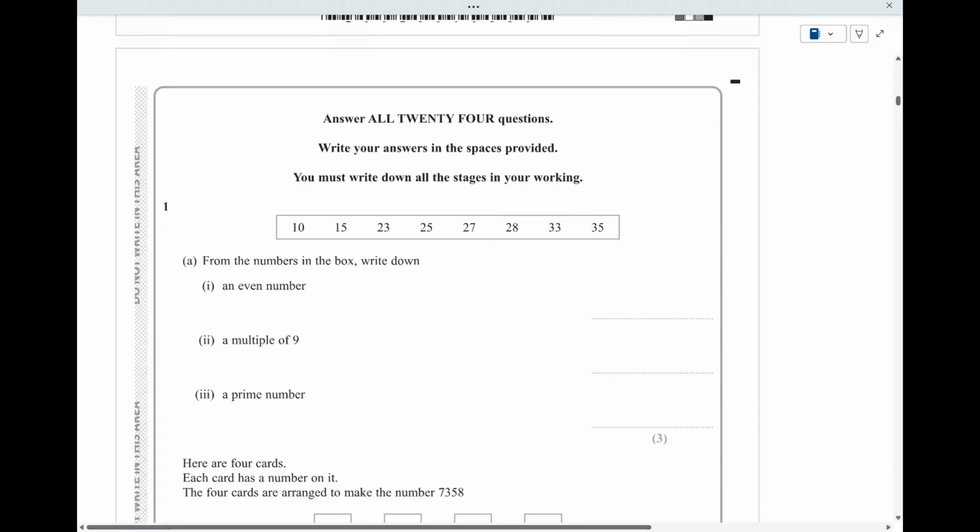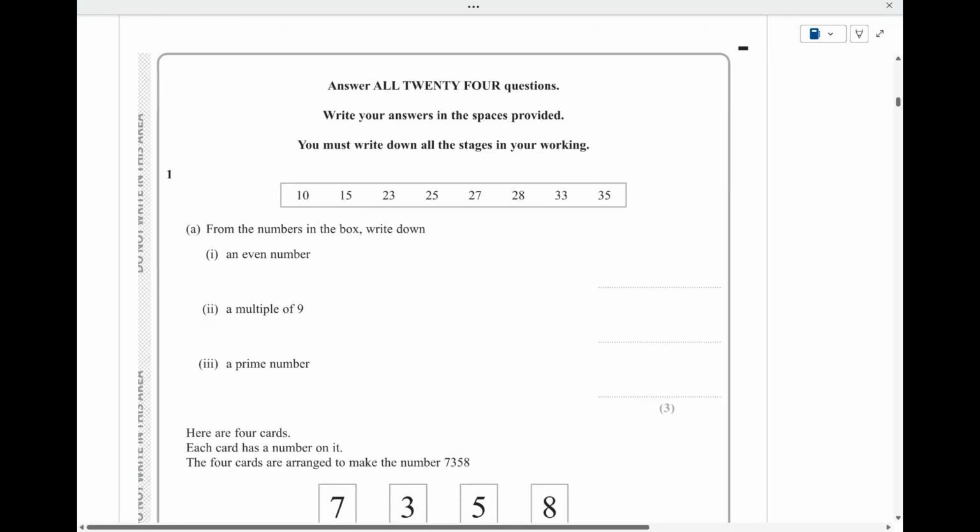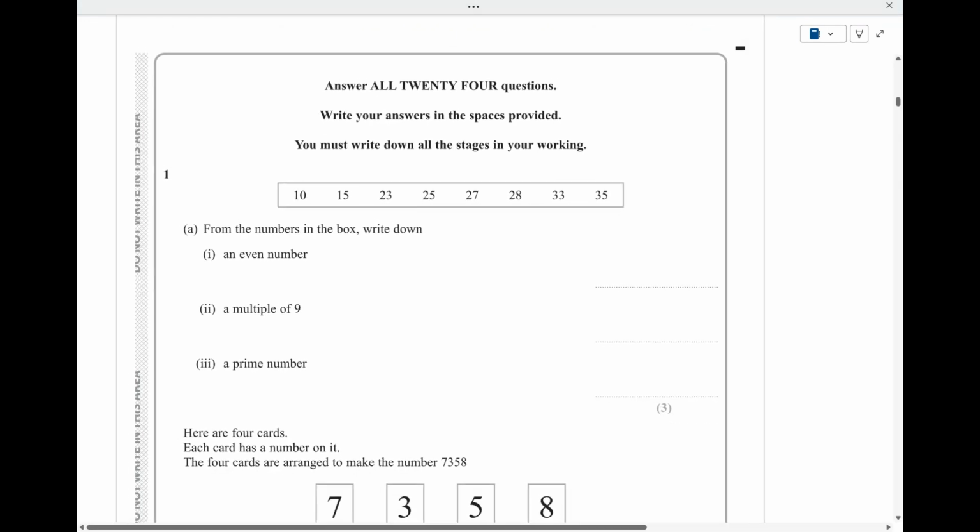Okay, question 1. From the numbers in the box, write down an even number. Well, you could have 10 or 28. A multiple of 9, a number which 9 goes into, a number which is in your 9 times table.